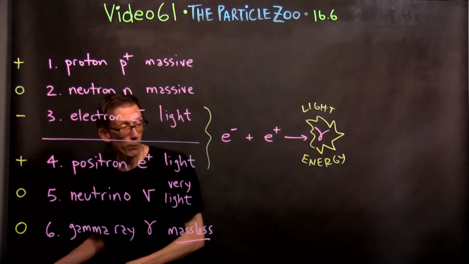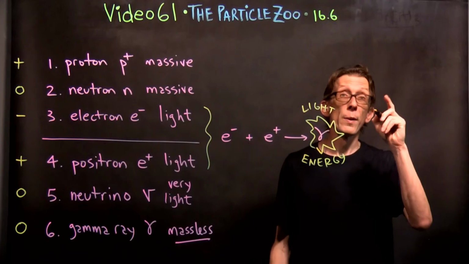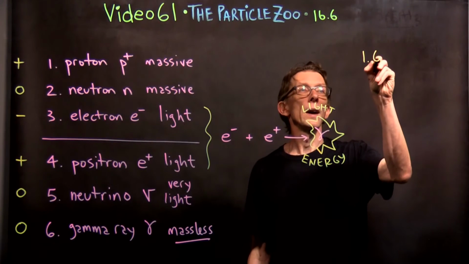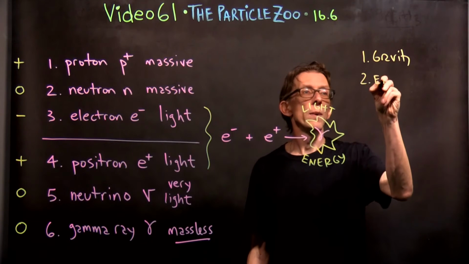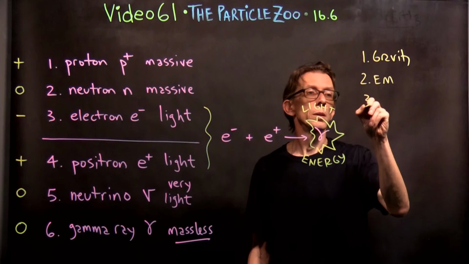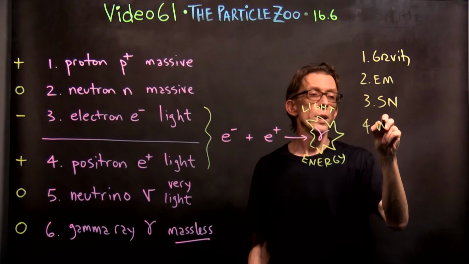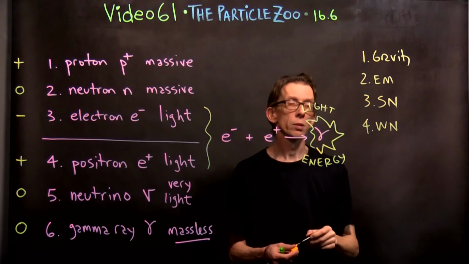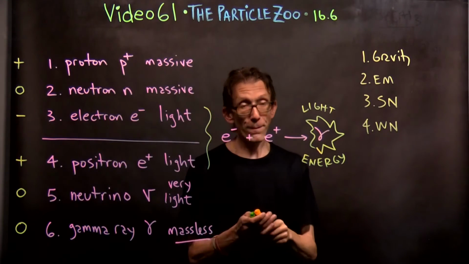One more thing I want to say before this video is over. I quickly want to remind you of the four fundamental forces. So we've got gravity, the electromagnetic force, the strong nuclear force, and the weak nuclear force. Different particles experience different forces.